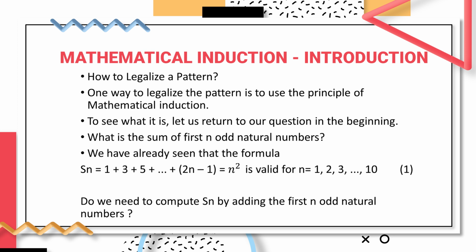So, let us return to our question and try to understand it with the principle of induction: is the pattern that the sum of n numbers is equal to n square valid for any number? Now, the sum of n odd natural numbers, 1 plus 3 plus 5 up to 2n minus 1, turns out to be n square.